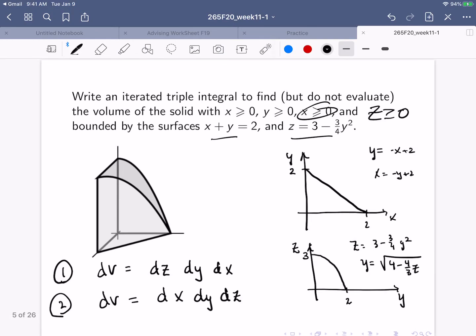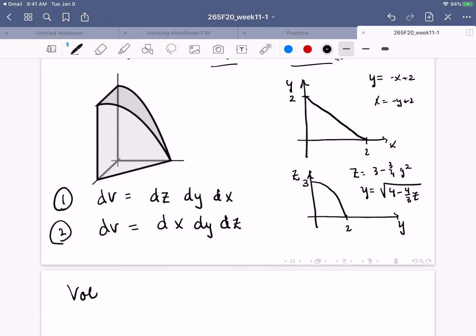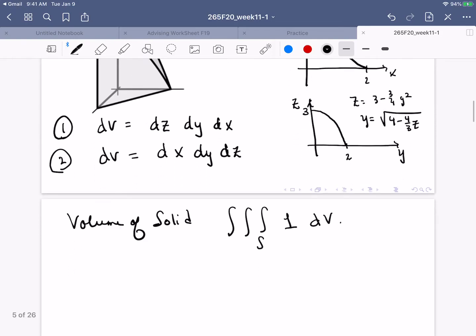Since we're finding the volume of a solid, we know that the volume we can get by integrating over the three surfaces 1 dV. Okay, so if I want to use dz dy dx, and my function f of x, y, z is 1, we can start with the outermost bounds.